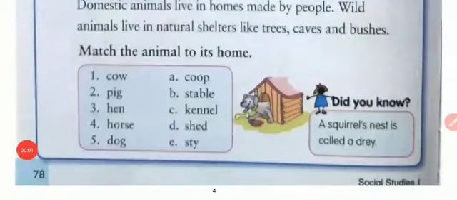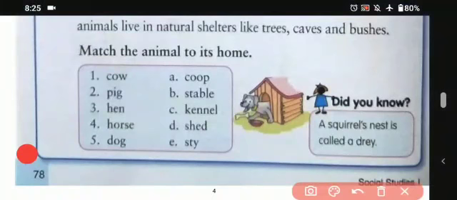Now we will see where the animals live. The first is the cow, and the cow lives in the shed. The second one is the pig. Where does the pig live? The pig lives in the sty.